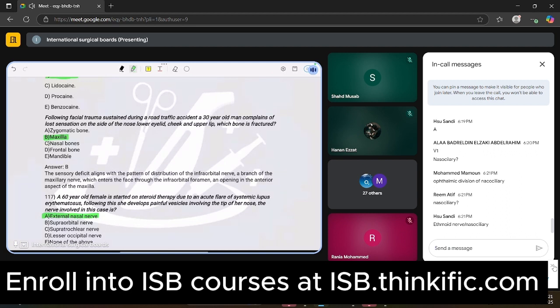So this is reactivated herpes zoster, right? The reactivated infection is called what? I forgot; when it is reactivated, it has a special name. The primary infection is called varicella, and the reactivated infection is just herpes zoster.